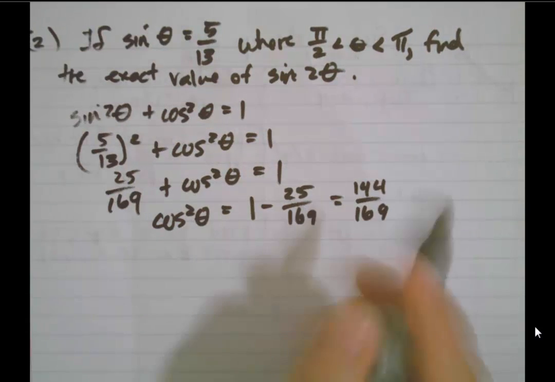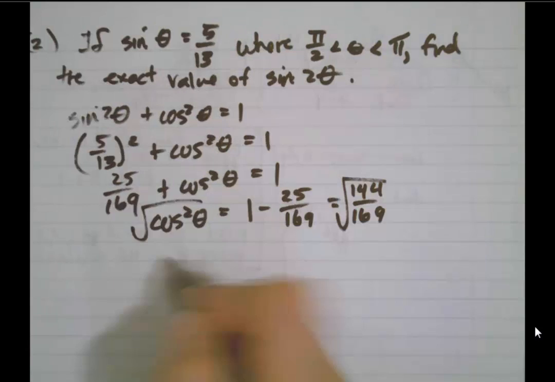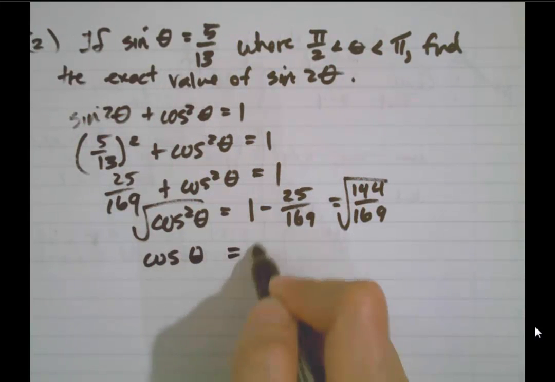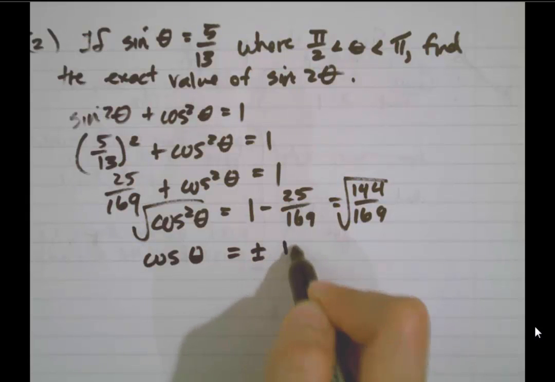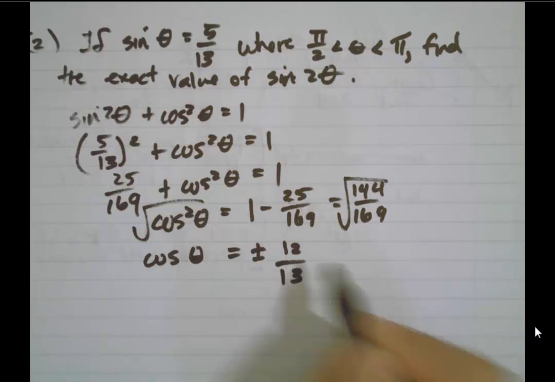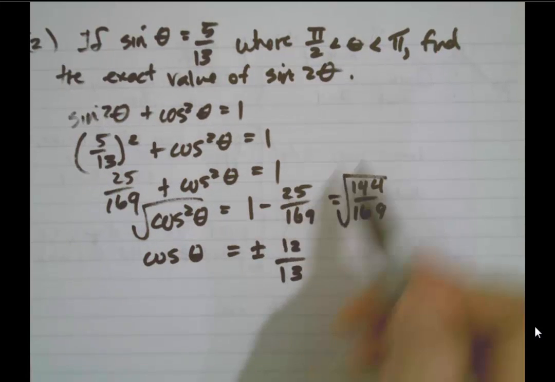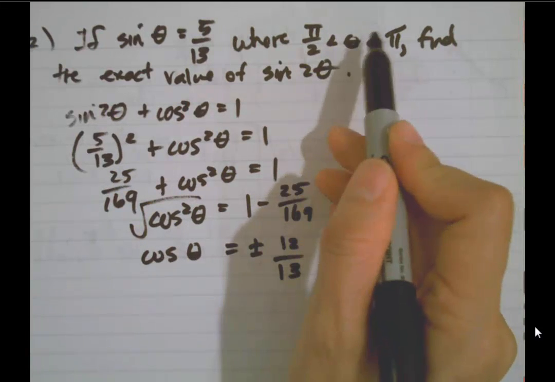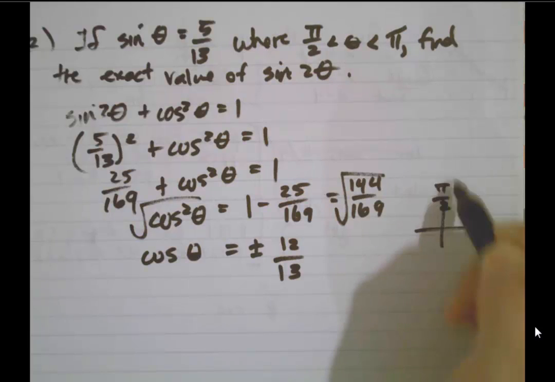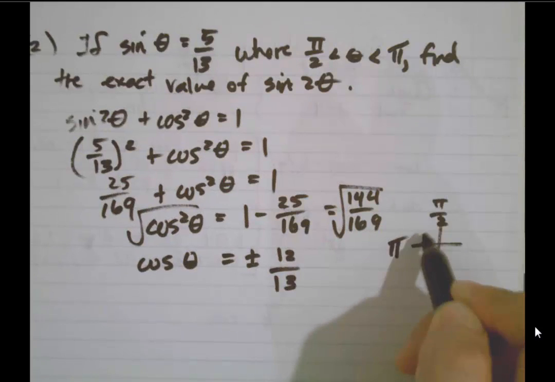So now let's go ahead and take the square root of both sides, and we get cosine theta is equal to plus or minus the square root of 144 is 12, and the square root of 169 is 13. Now we're given that theta is in between pi over 2 and pi, so that means it is in quadrant 2.